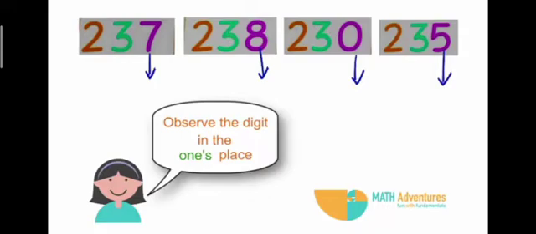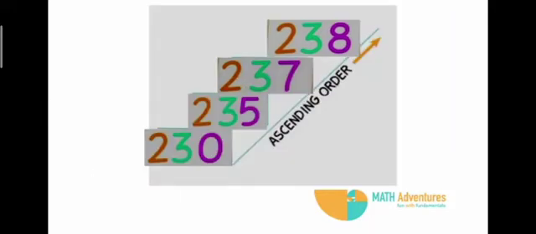So, the sequence will be 0, then 5, then 7 and then 8. So, by arranging these numbers in this sequence, what will we get? The smallest number will be 230, then 235, then 237 and at last the greatest number will be 238. Got it?